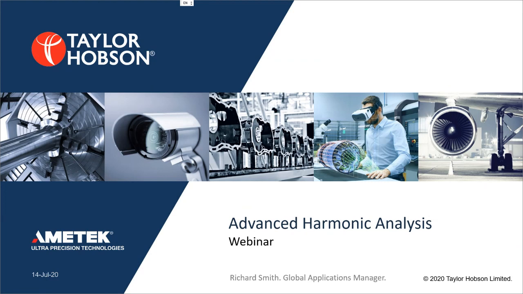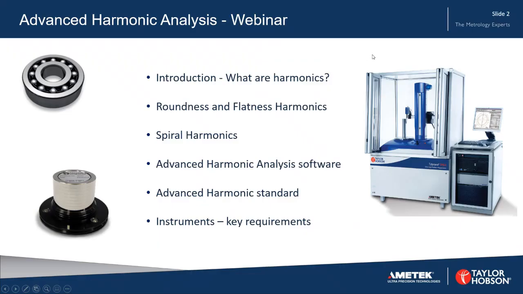So let's make a start, and the topic is advanced harmonics. We're going to look just at the things that we're going to cover. We're going to start by saying, well, what are harmonics?